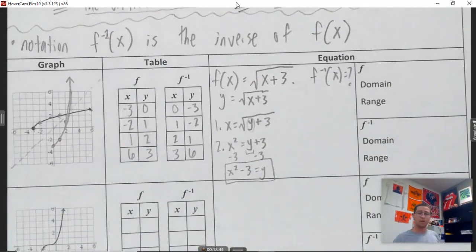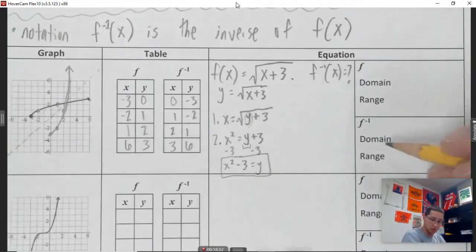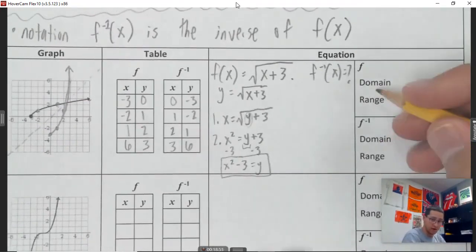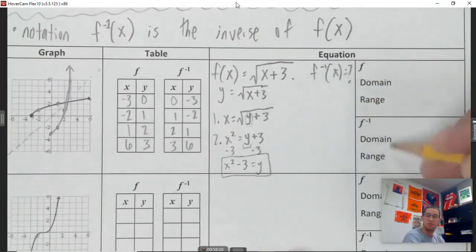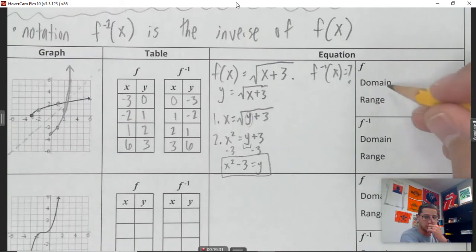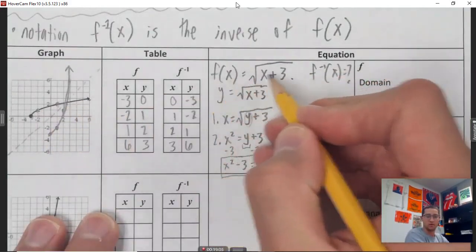Now let's go ahead and think about the domain and range. Let's just find it for one of them, and if we can remember what we learned, once we find the domain and range for the original function, you just switch them for your inverse. So let's talk about the domain and the range for that original square root of x plus 3.